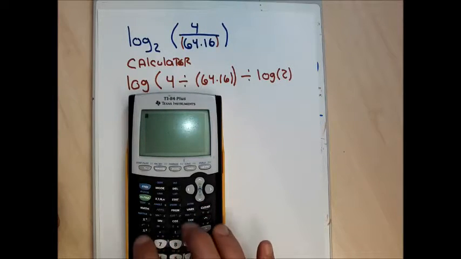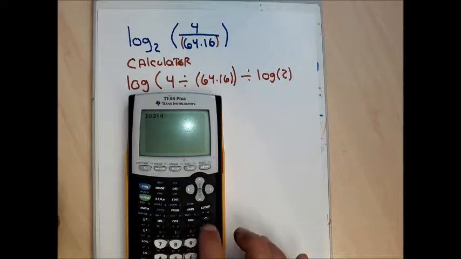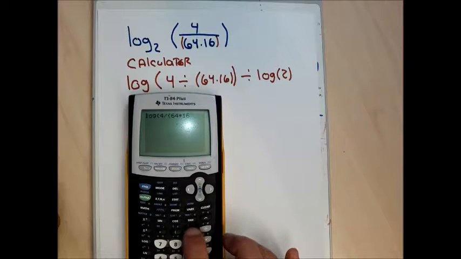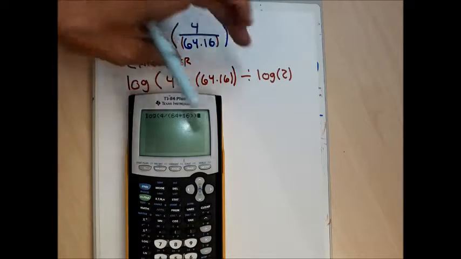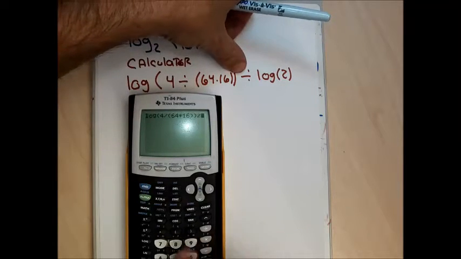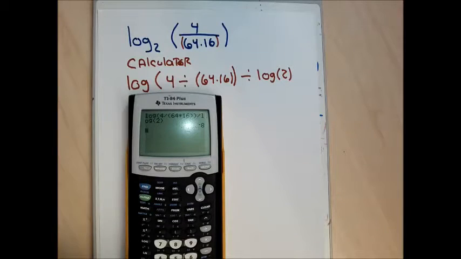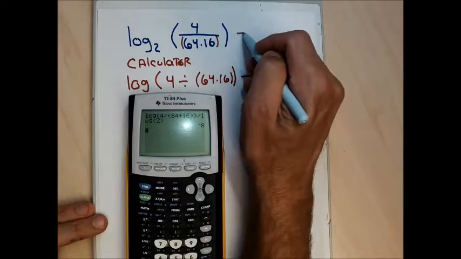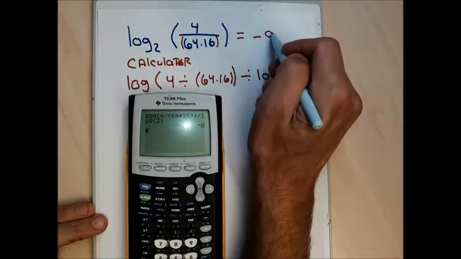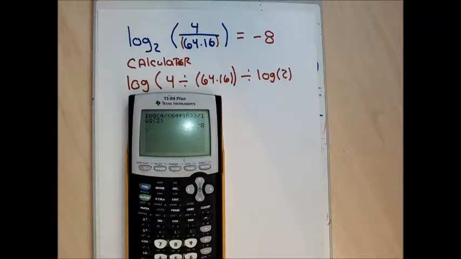The log of 4 divided by parentheses 64 times 16. Close out my parentheses, close out my parentheses. That's this one entered. Now divided by, and then log of 2. Close out my parentheses, hit enter, and get negative 8. I knew the answer in my head, so I don't know what I entered wrong, but I must have been missing a parentheses that I didn't put in properly.